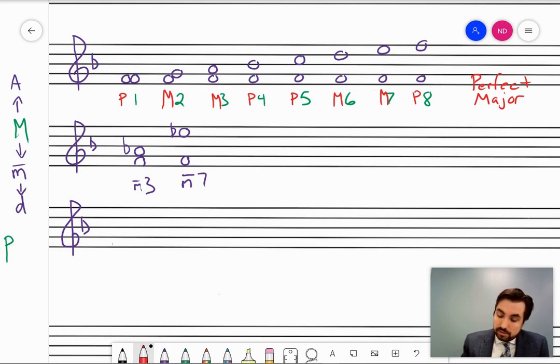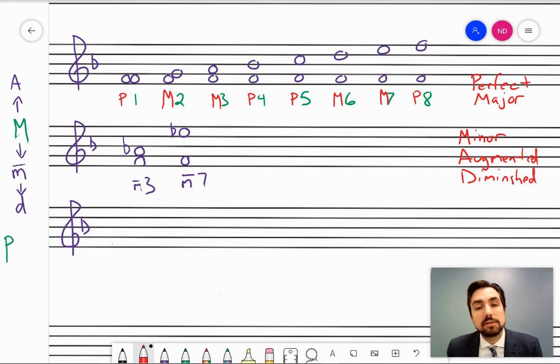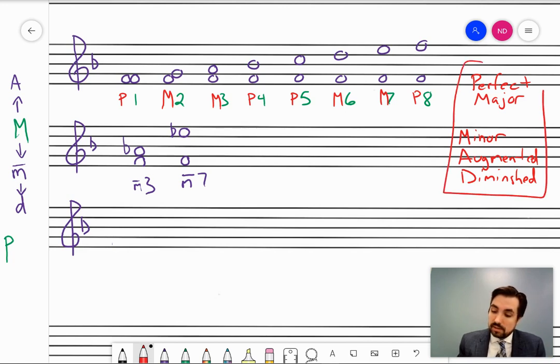So we need to add to our list of qualities here. We can get minor, we can get augmented, and we can get diminished. These are the 5 qualities of intervals. So it's not enough just to take its generic measurement, it's a fourth, it's a sixth. You have to add into your description of it one of these 5 types of qualities.